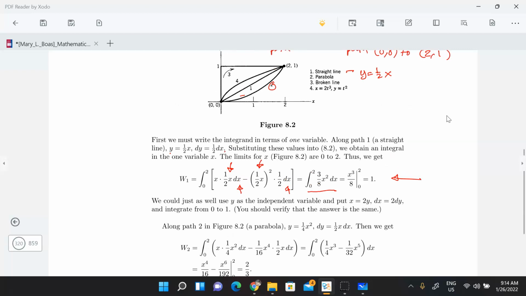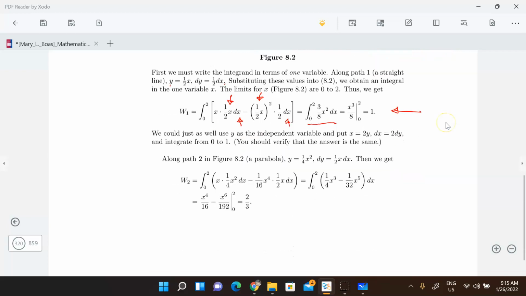The next one is to take the parabola over here, going from here to here, using the parabola, which is just a quadratic function. Again, we can find the differential of y in terms of x, and we do the same thing, substitute everything.